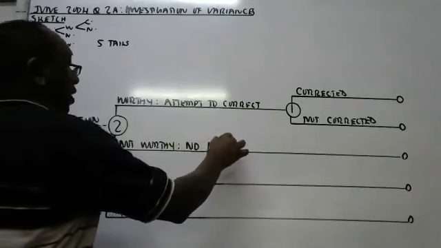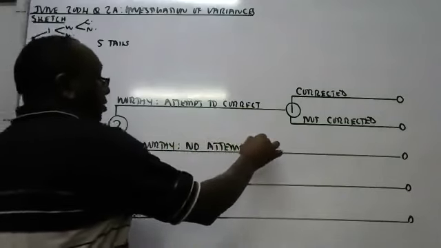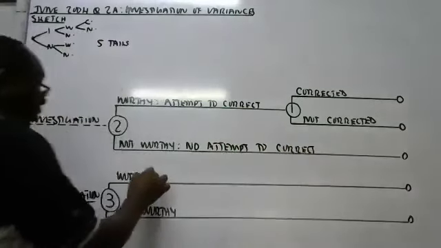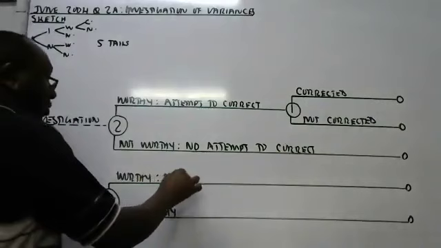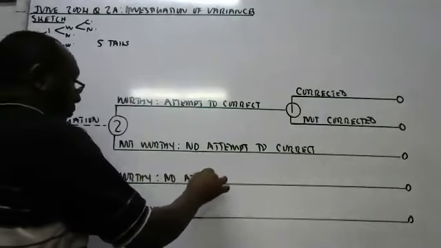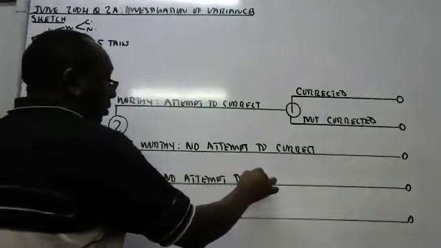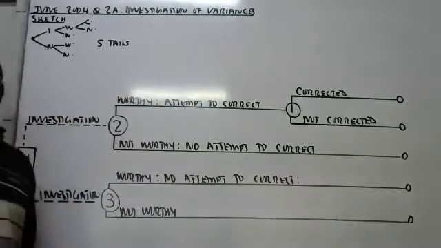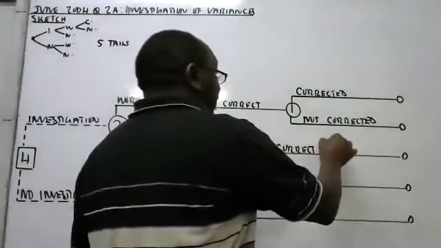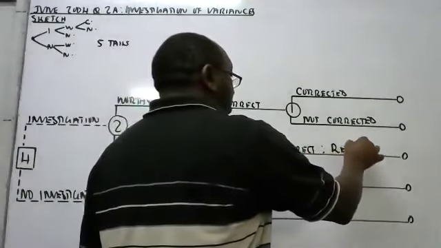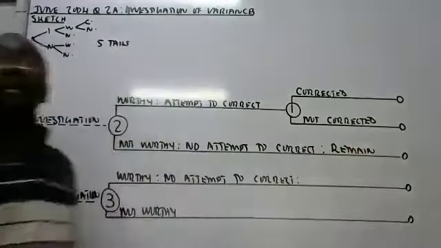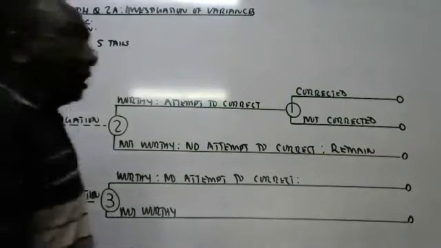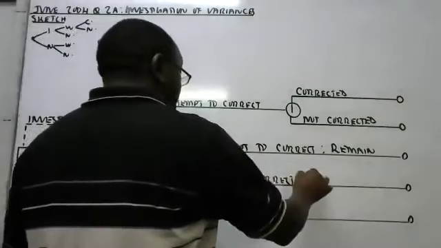I think now it is okay, you can draw. No attempt to correct. So even here, no attempt to correct. And when we say there is no attempt to correct, we are then saying those variances will remain or they will continue.